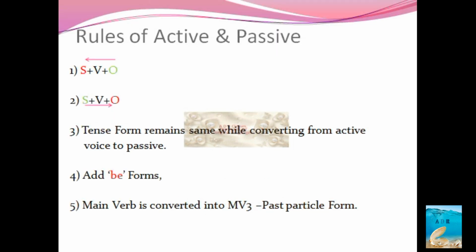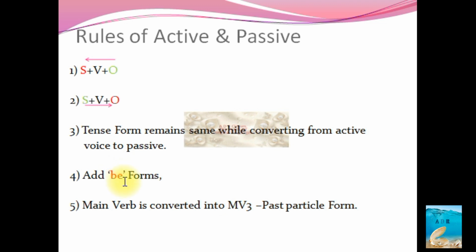Subject plus verb plus object is the first formula. We have to divide the sentence into subject plus verb plus object, then the subject goes to the object place and the object comes to the subject place. The third rule is that the same tense follows, which is in active will also be in passive. The fourth rule is that we use be forms or auxiliaries in between, then the main verb is converted.